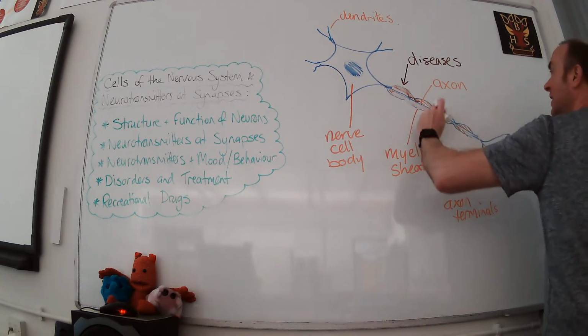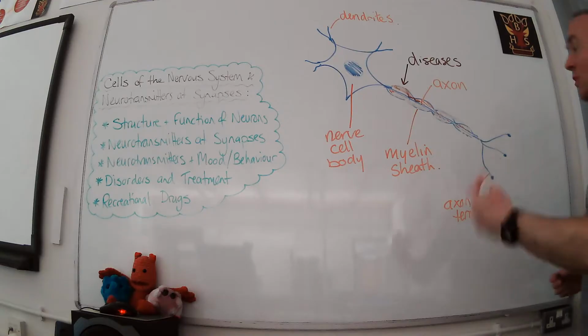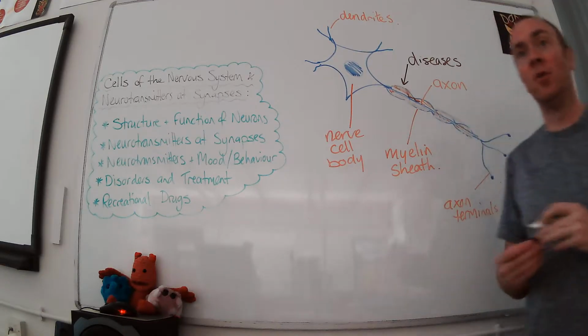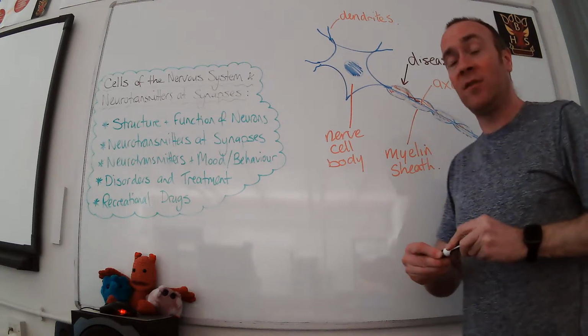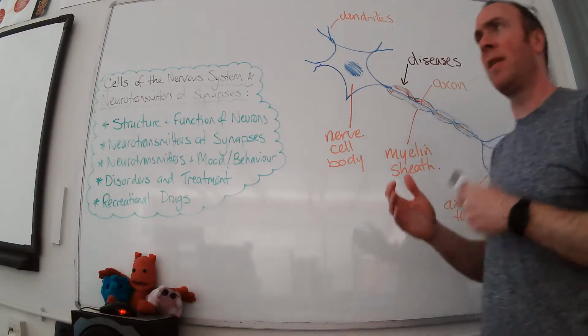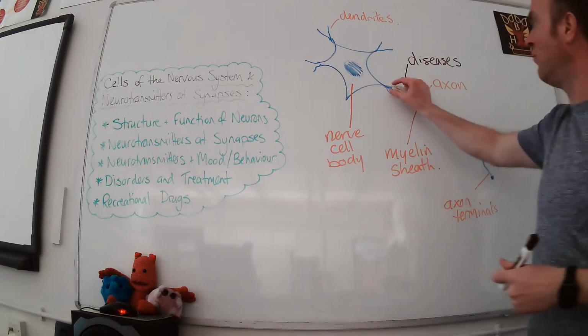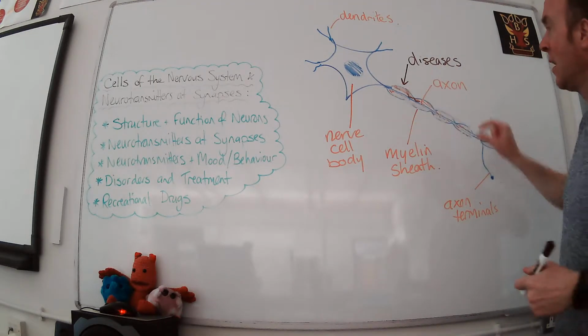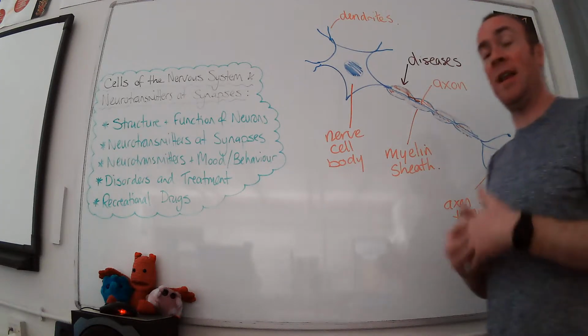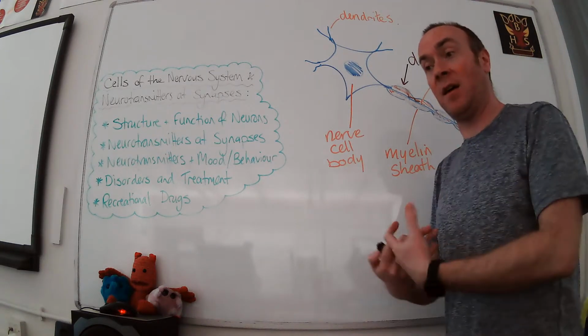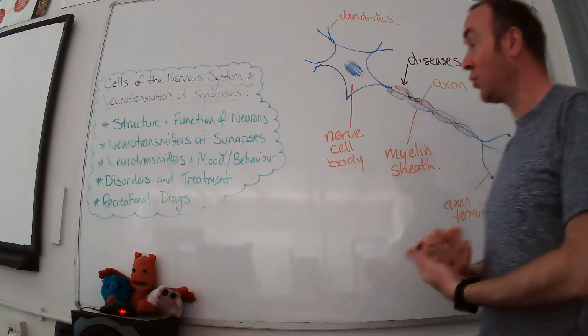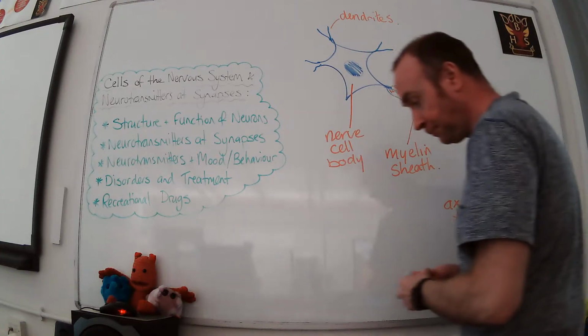And if you've got a disease that does that, you will start to lose coordination. You don't need to know the types of disease, you don't need to name them, just be aware that there are diseases which can reduce the amount of myelin on an axon, and the knock-on effect is that the sufferer of that disease might lose coordination.